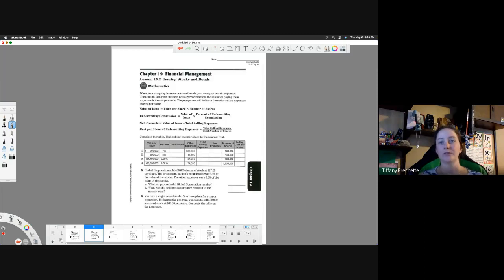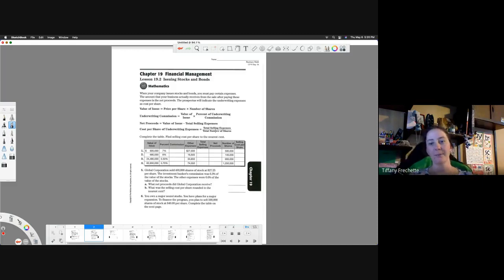And then the cost per share of underwriting expenses equals the total selling expenses divided by the total number of shares. So this just tells us, how much did it cost us to buy this? I was going to say it's common sense, but it's not necessarily common sense.